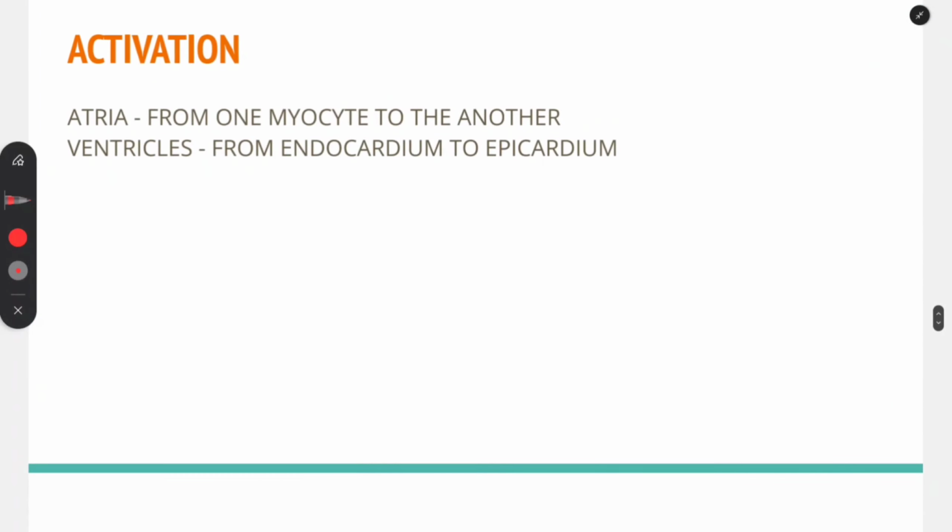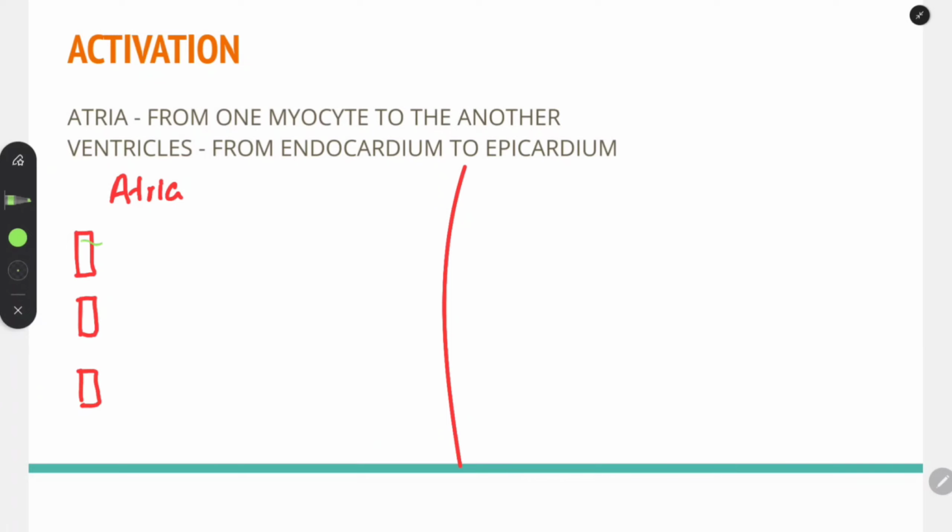Now let's see some peculiar aspects about the activation of the electrical activity in atria and the ventricles. The activation of electrical activity in atria and ventricles differ. How? Let me make it clear for you. In the atria, the electrical activation happens from one myocyte to another.